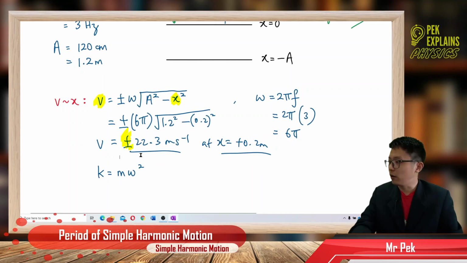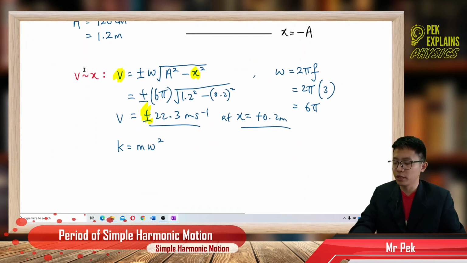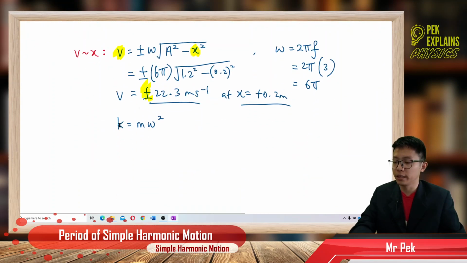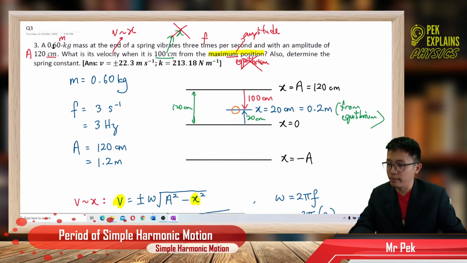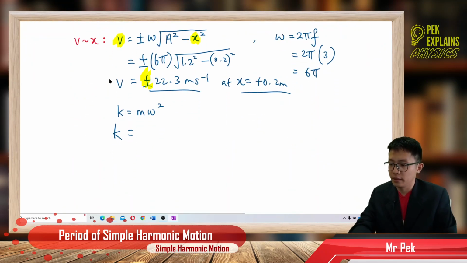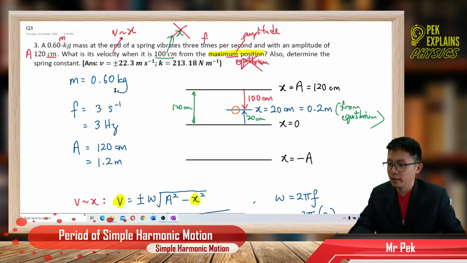Okay, now we got the velocity. Now, determine the spring constant. We just use the formula k equal to m omega square. Do we have the mass? Yes, we have the mass, 0.6 kilogram, already in kilogram.